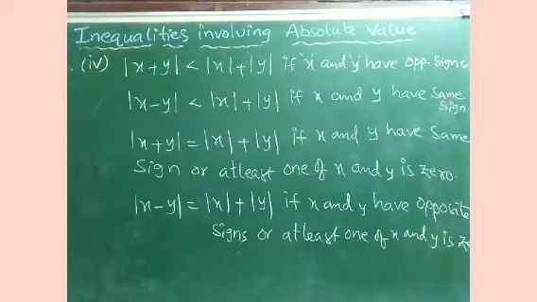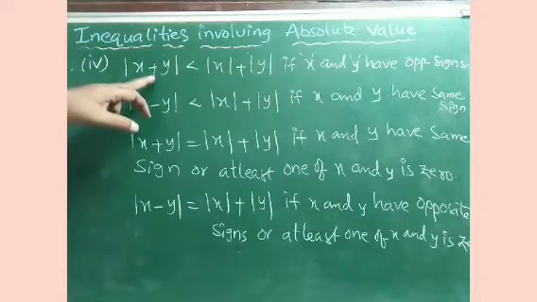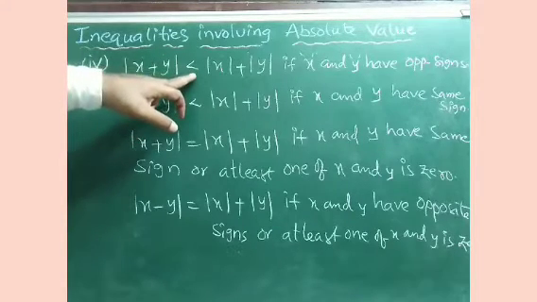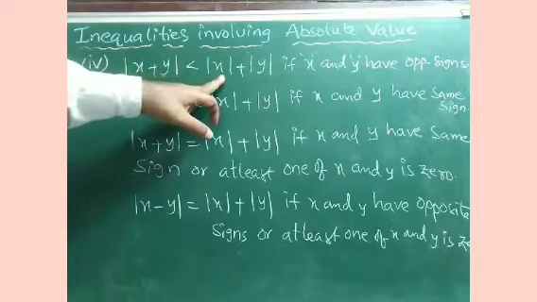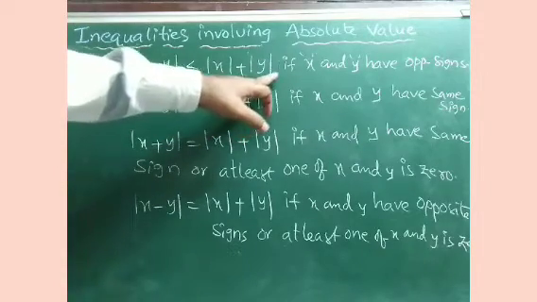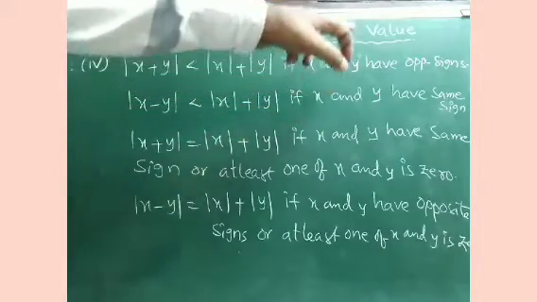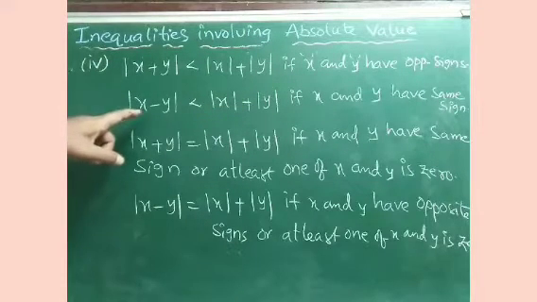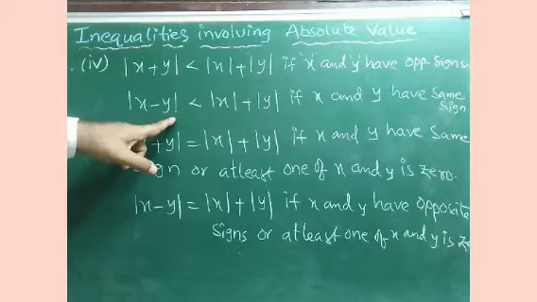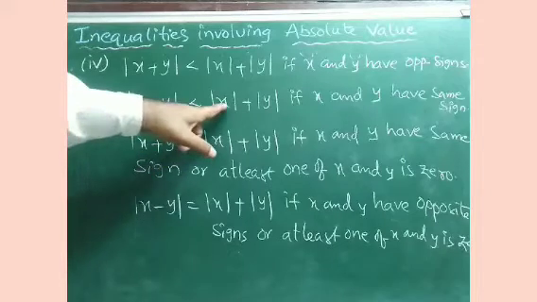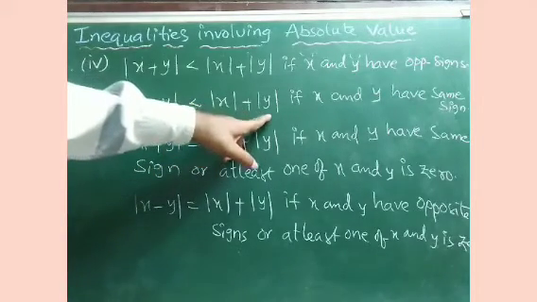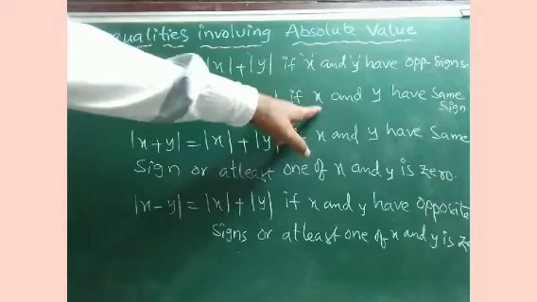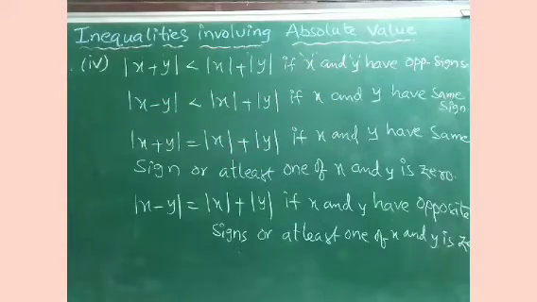So next, point number 4. Modulus of x plus y is less than modulus of x plus modulus of y if x and y have opposite signs. And modulus of x minus y is less than modulus of x plus modulus of y if x and y have same signs.